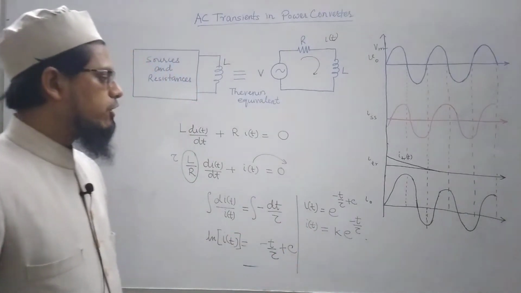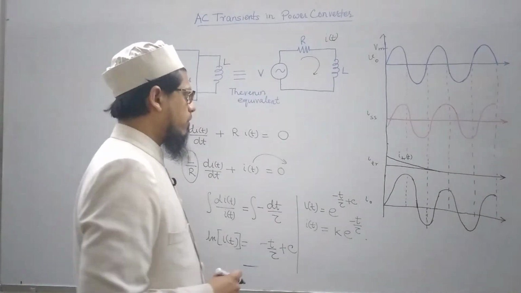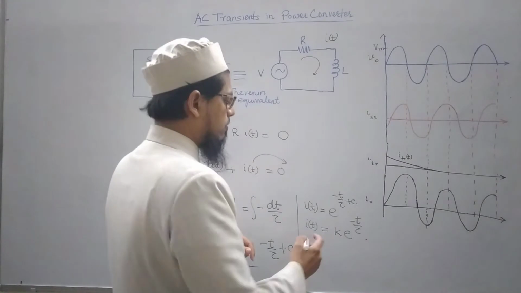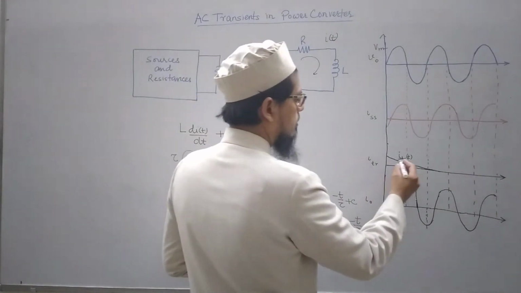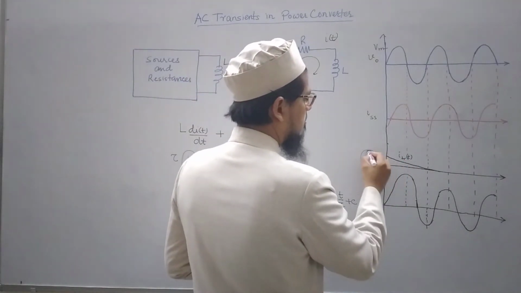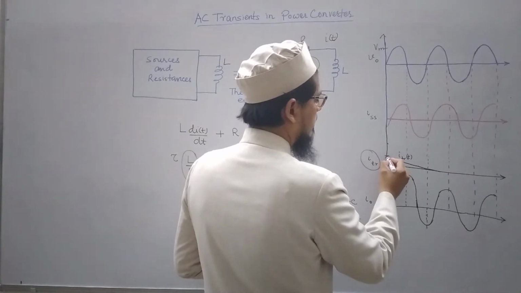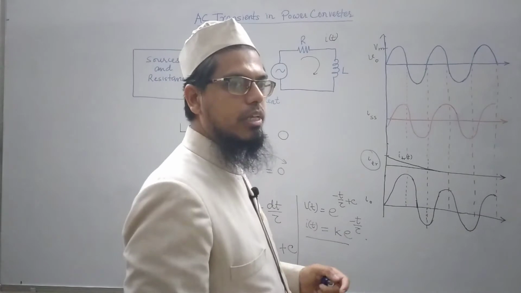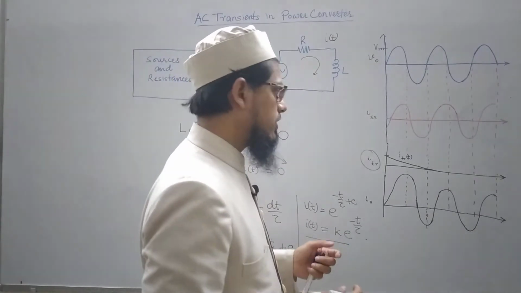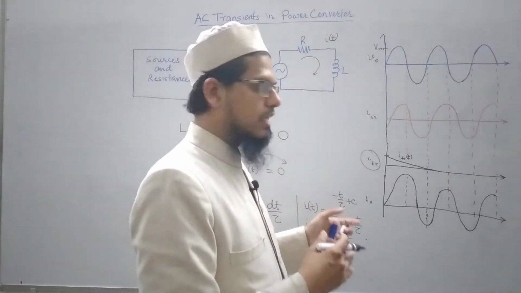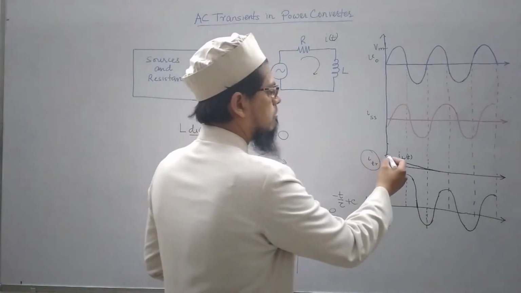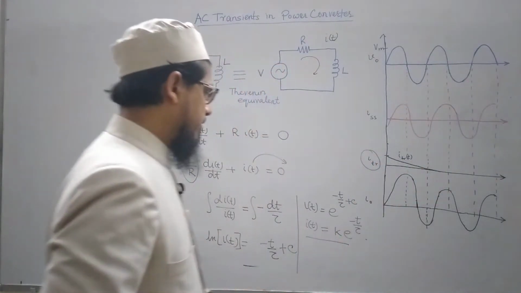Let us now try to solve for the steady state part of the equation. I have drawn the transient part here, and it starts from some point. For that we need some initial condition which we will put in our circuit after some time, and we will find out this value, and it will exponentially decay like this.